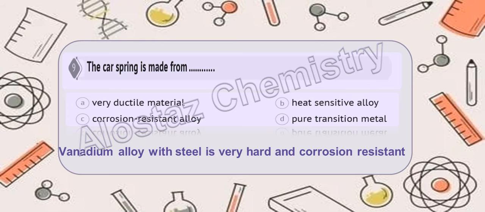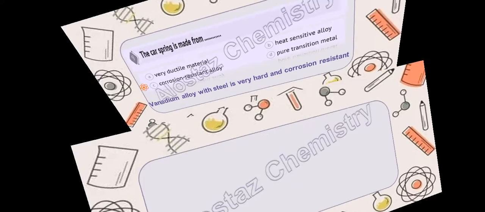That will be vanadium alloyed with steel, which is very hard and corrosion resistant, as it makes a corrosion resistant alloy that makes the car springs live a long time and resist corrosion when traveling long distances. Okay, let's go to question 10.